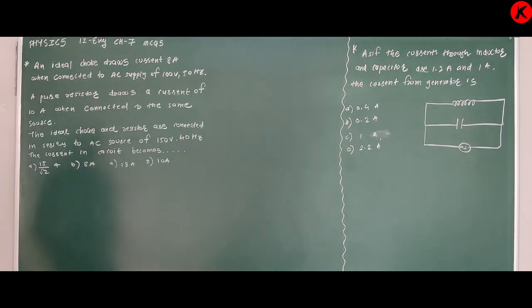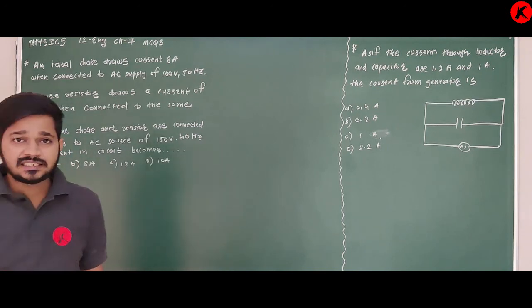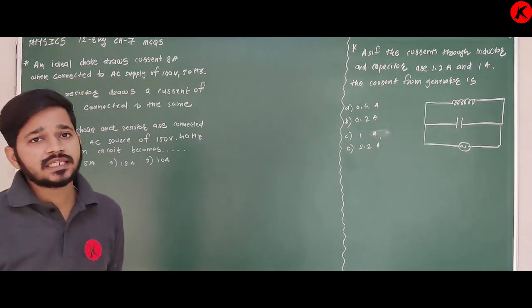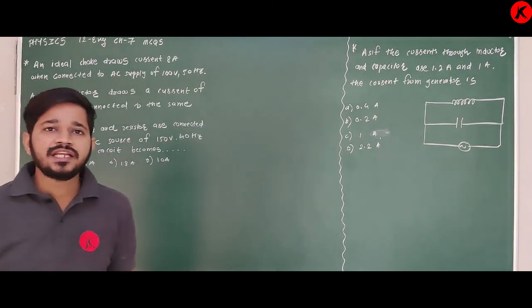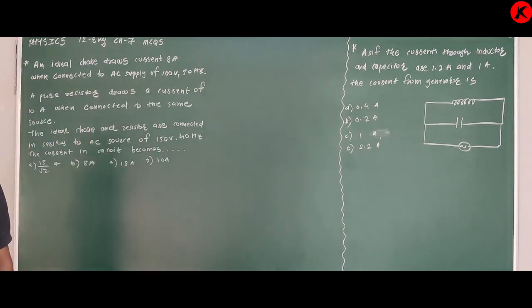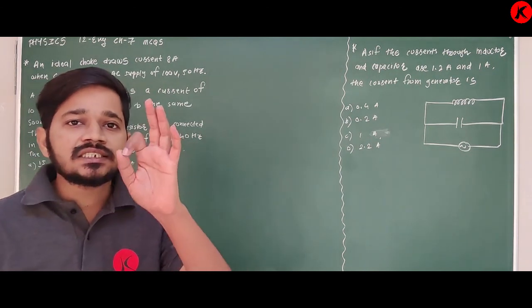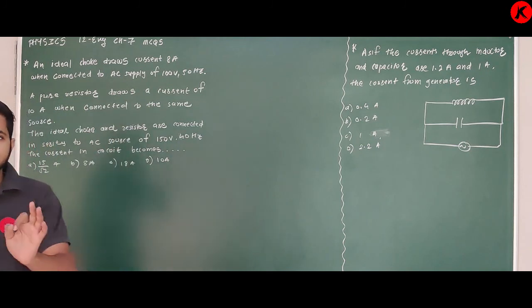First MCQ. An ideal choke draws current 8 ampere when connected to an AC supply of 100 volt, 50 hertz. Choke means what? Choke means inductor. Ideal choke means it has only inductance. Its ohmic resistance is 0.